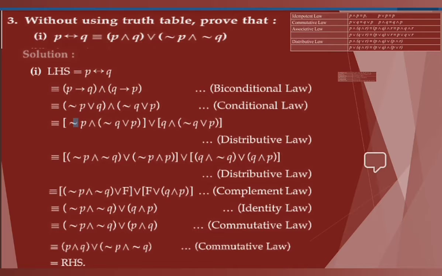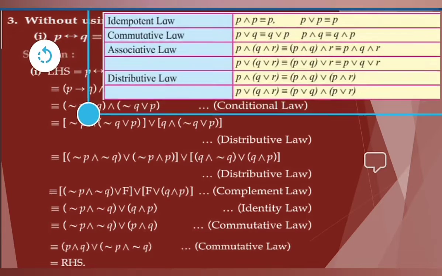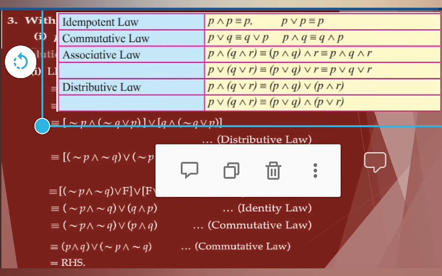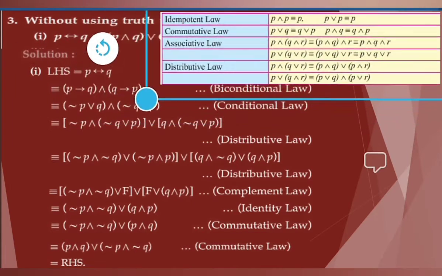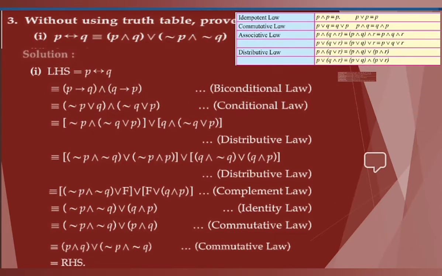Now again we apply the distributive law in this statement. See the table again. Distributive law means first, P and (Q or R) is equivalent to (P and Q) or (P and R). Second, P or (Q and R) is equivalent to (P or Q) and (P or R). Apply the first law.